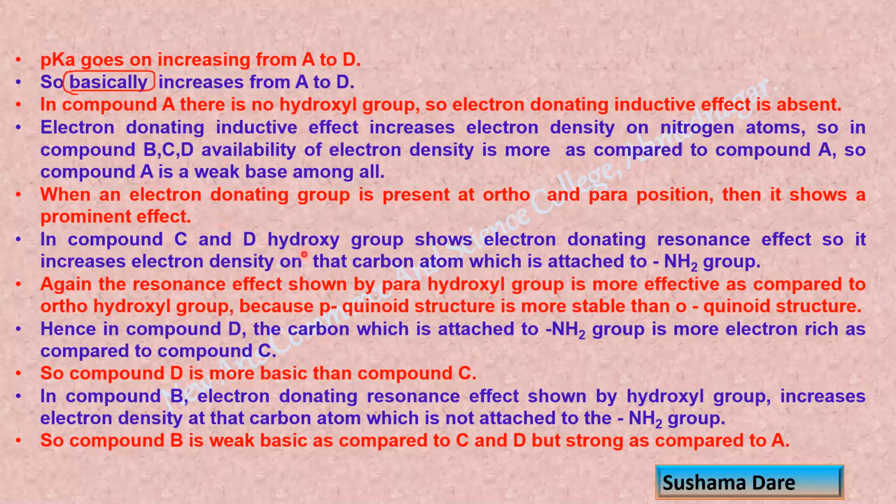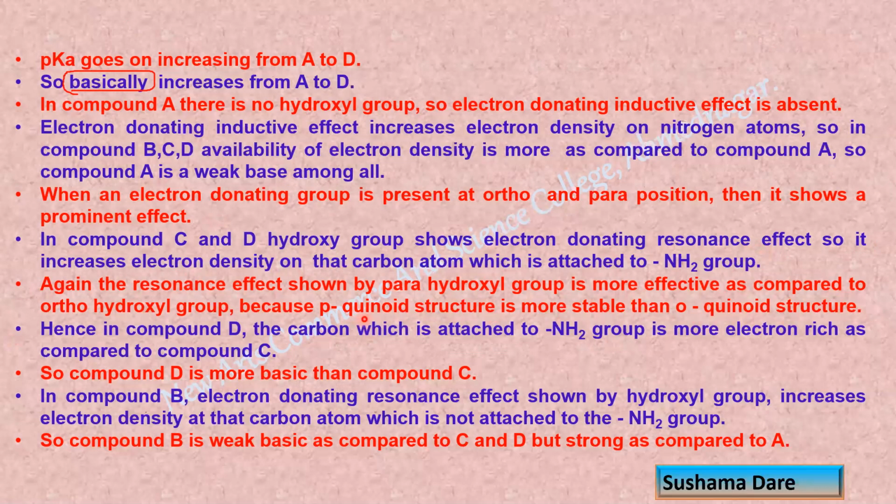In compounds C and D, the hydroxy group shows electron donating resonance effect. So it increases the electron density on that carbon atom which is attached to the NH2 group. Again, the resonance effect shown by the parahydroxy group is more effective as compared to the orthohydroxy group. The reason behind this we already discussed: the para quinoid structure is more stable as compared to the ortho quinoid structure.